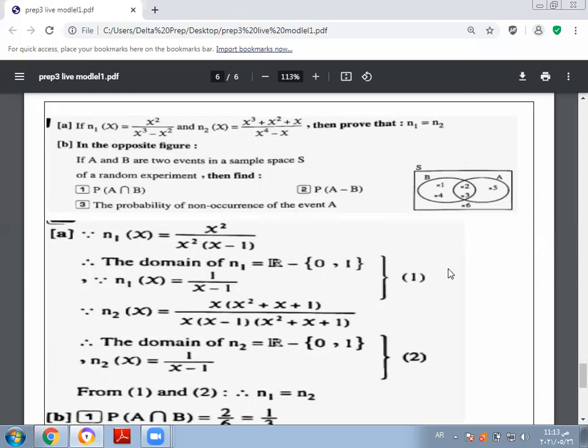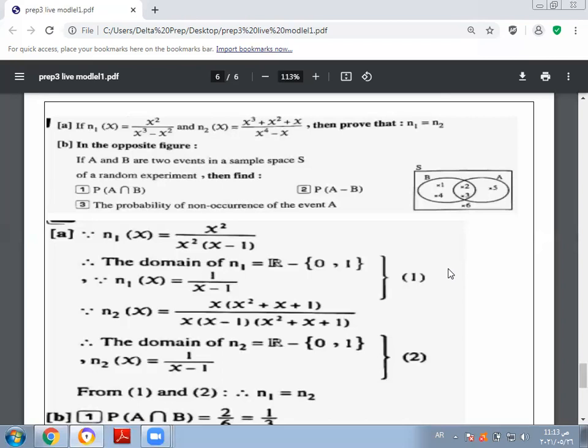First, we simplify n1(x) by factorizing each of the numerator and denominator. So n1(x) equals x power 2 over x power 2 multiplied by x minus 1. We take x power 2 as the highest common factor. Then we find the domain. So our domain is R minus {0, 1}, and n1(x) is 1 over x minus 1.